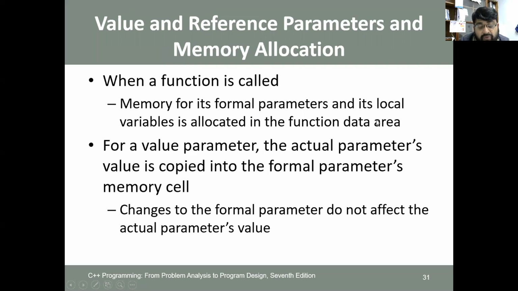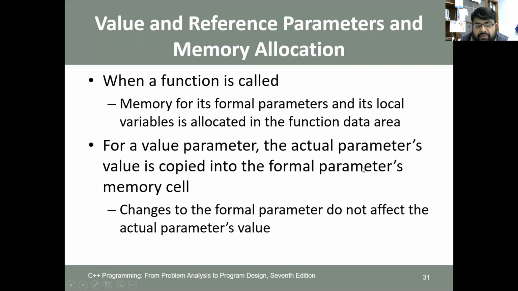This applies to the formal parameters and the local variables that are initialized within the function. We have already discussed a bit about local variables, but we'll discuss them again when we discuss the scope of a variable. In that, you'll understand what a local variable and what a global variable exactly is. We discussed that in the earlier sections, but we'll also discuss it in the current slide soon.